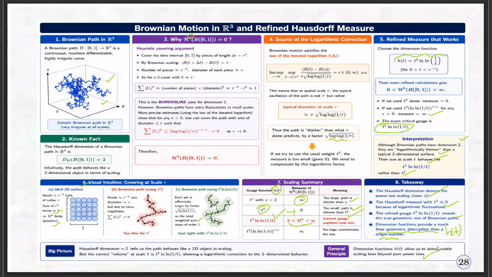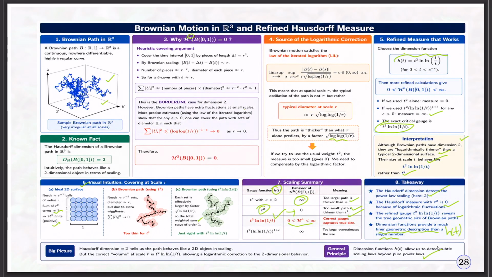So as of now, in the box counting dimension as well as in the Hausdorff dimension, we have used the power law for finding the dimension, whereas while using h of t, one can get more geometrical meaning of the object f.